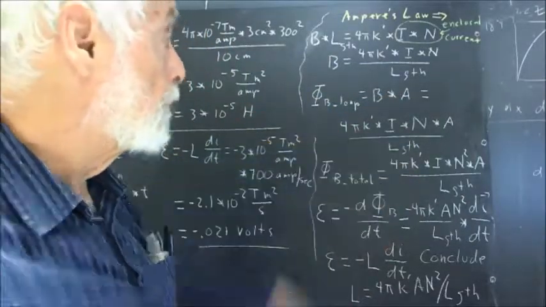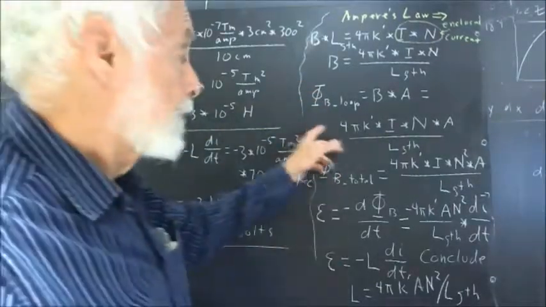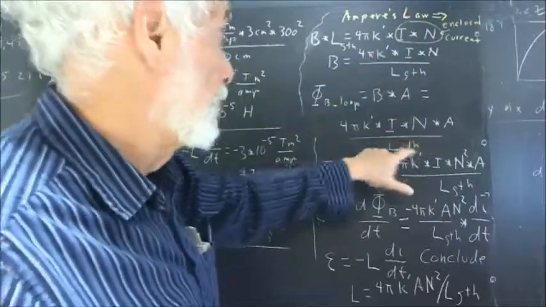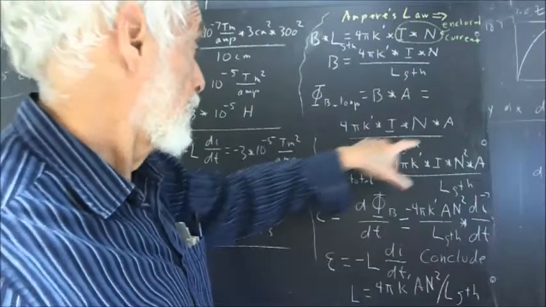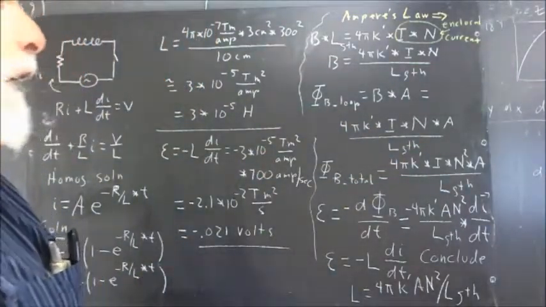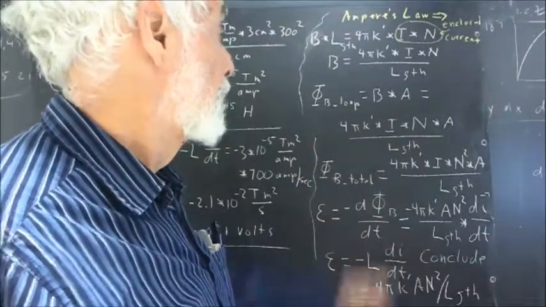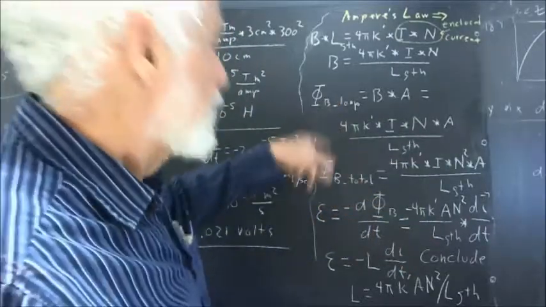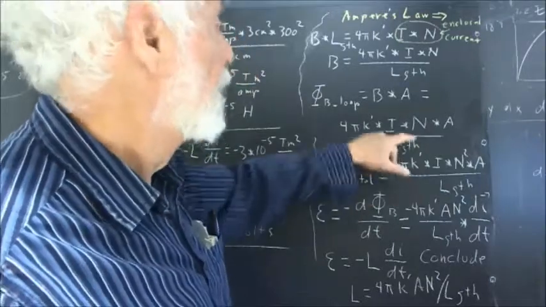There are 300 loops. We're just doing the magnetic flux for one loop, and very simple to see that we multiply the magnetic field by the area, and we get that magnetic field, multiply that by the number of loops in the coil.